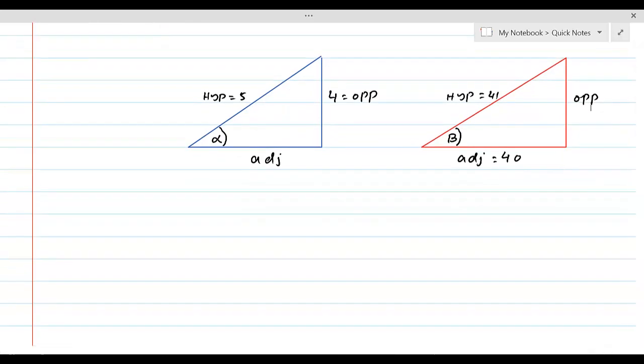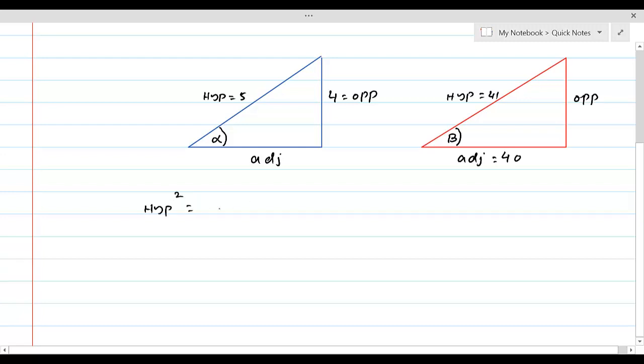So let's first find all the other trigonometric ratios by calculating the missing side of the triangle. Here, by applying Pythagoras theorem, hypotenuse square is equal to base square plus perpendicular square, and hypotenuse is 5. So this means 25 equals base or adjacent, this is what we want to find, plus perpendicular or opposite, that is 4, so its square will be 16.